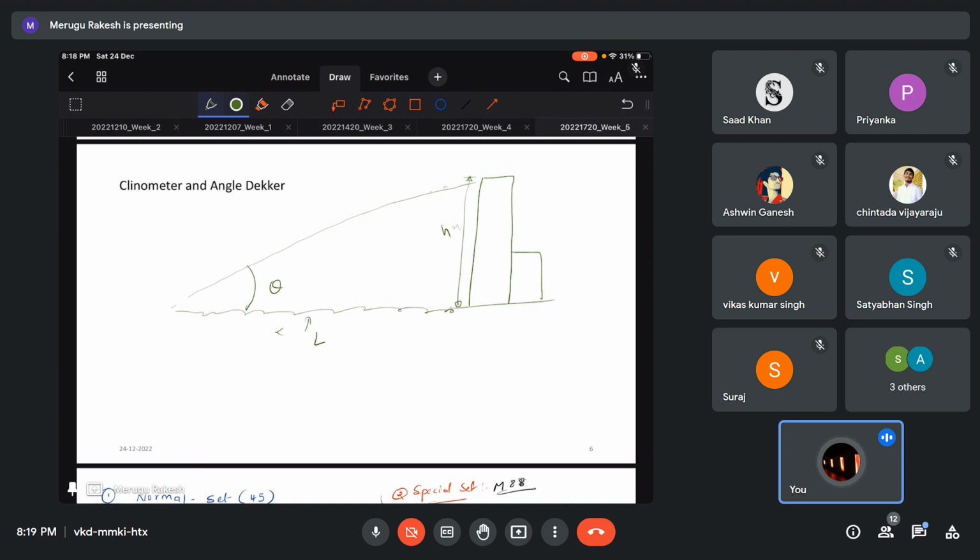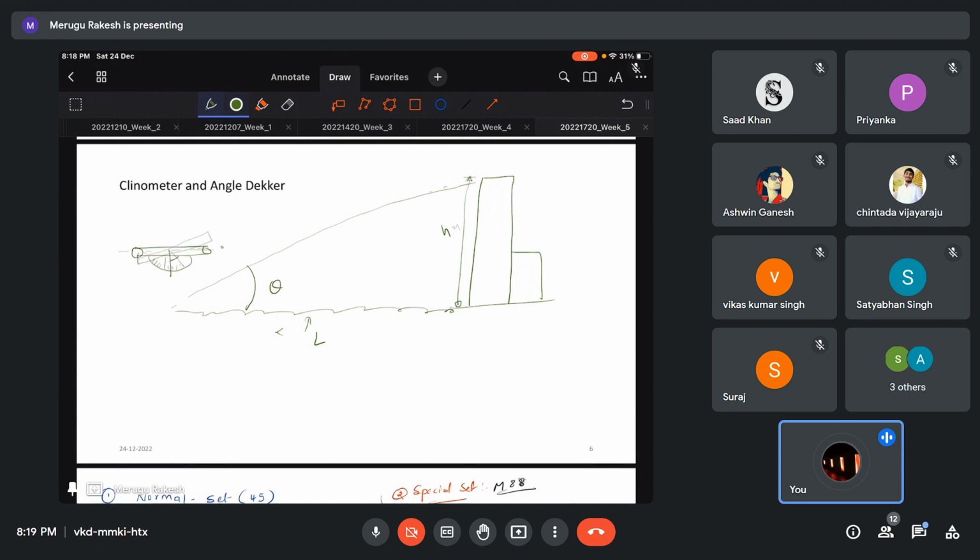So in civil terms they call it a theodolite. In our terms we call it a clinometer or angle decker. It's simply a telescope, a small telescope with an angular measuring setup. When it is horizontal it will be 0 degrees. When it is tilted you can get this tilt.